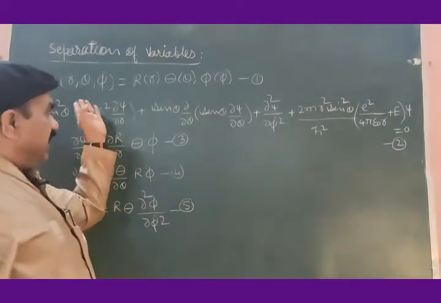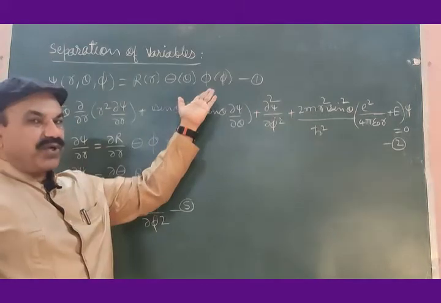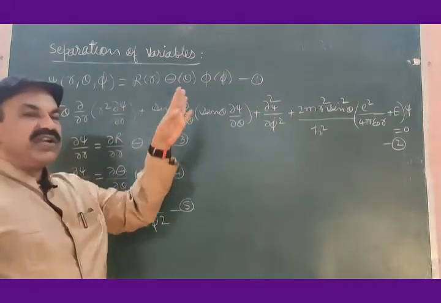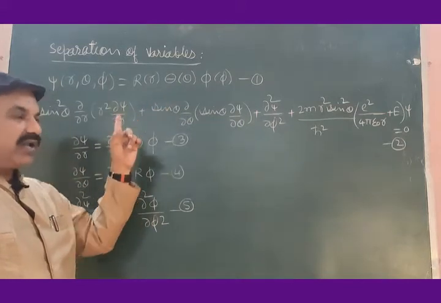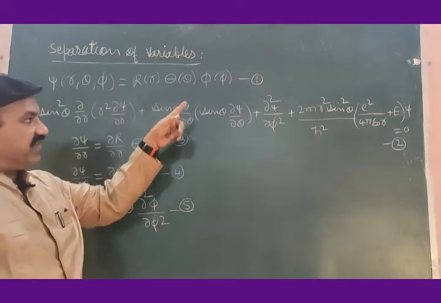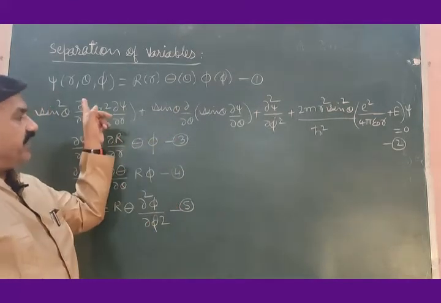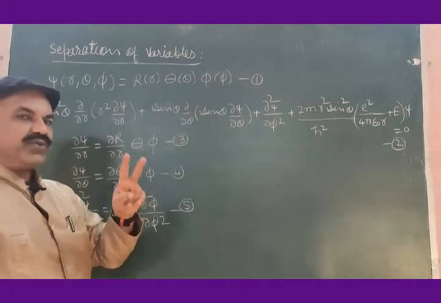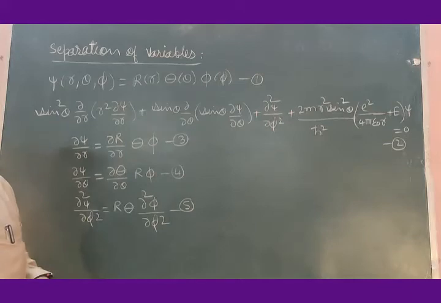After writing psi as the product of these 3 terms which are independent of each other, differentiating equation 1 with respect to r, equation 3 is obtained; differentiating equation 1 with respect to theta, equation 4 is obtained; differentiating equation 1 with respect to phi twice, equation 5 is obtained.